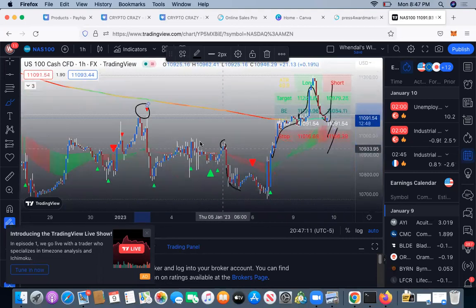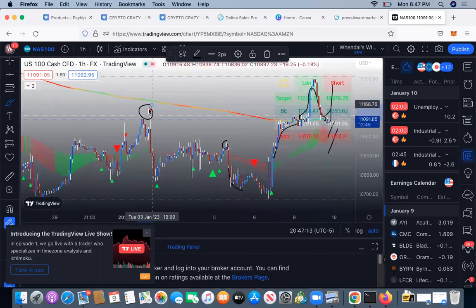Because that's obviously a higher high. These are the higher highs that we be looking for. And these right here, the greens, are the lower lows. As you can see, when it gets to the lower low, it says buy. Makes you lazy, man. That's all.